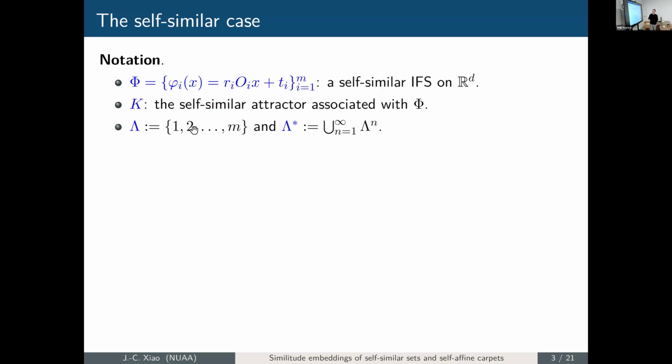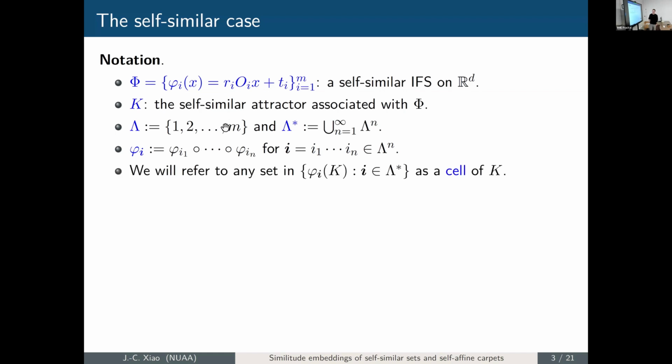Capital Lambda stands for the alphabet, and Lambda star is the collection of all finite words. As usual, for a bold i, which is a finite word, we use phi sub i to be the composition of those mappings. The last one is we always call a set which has the form phi sub i of K a cell of K. So the self-similar set K is just a finite union of its cells.